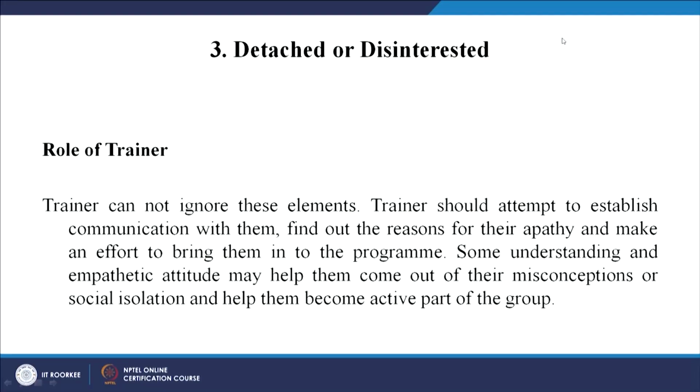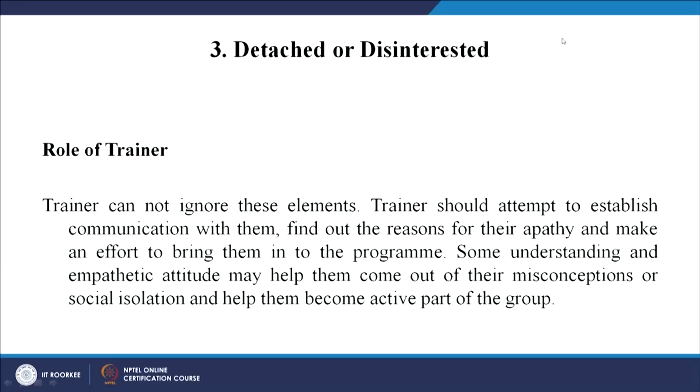So, if there are detached or disinterested participants in the training program, the trainer cannot ignore them, because they are in the classroom. So, what to do? The trainer should attempt to establish communication with them, get them involved slowly, showing attention to them, asking them questions.